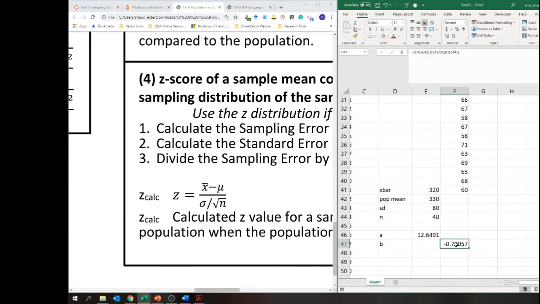So this is not the probability, but this is the z-score.